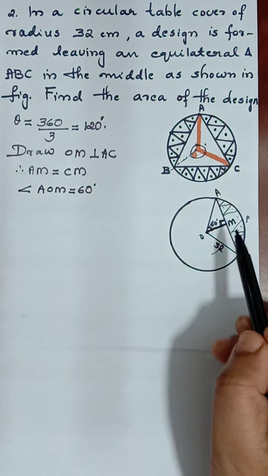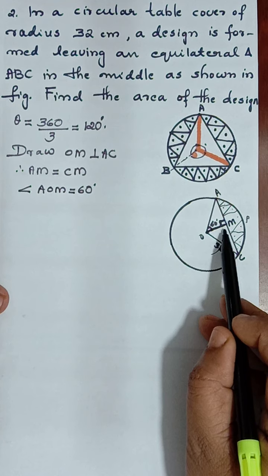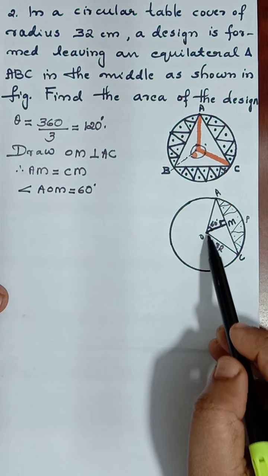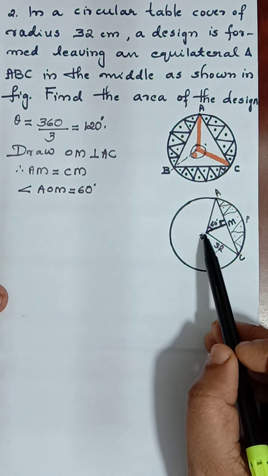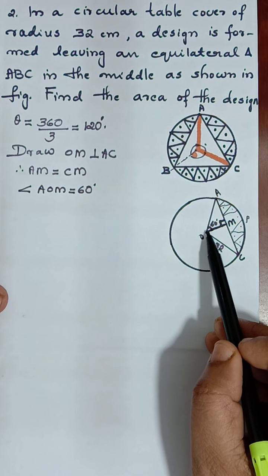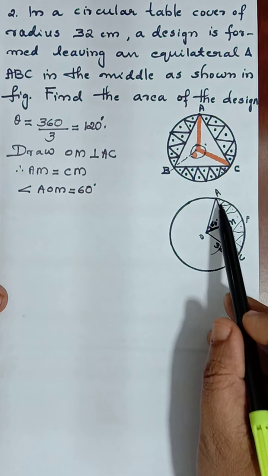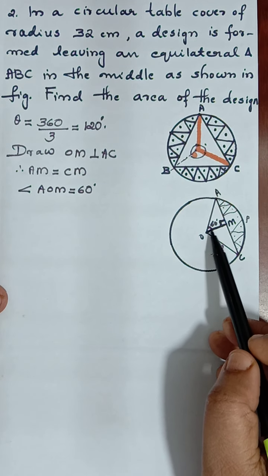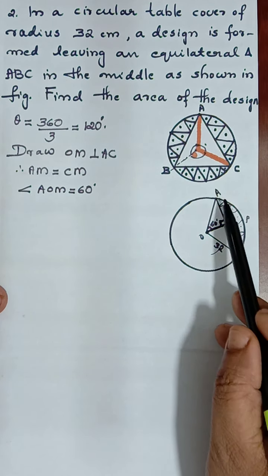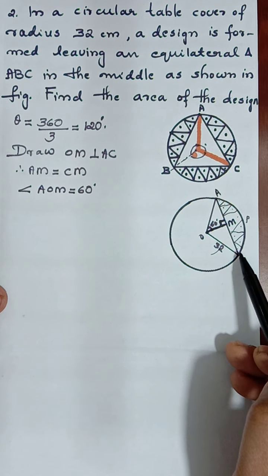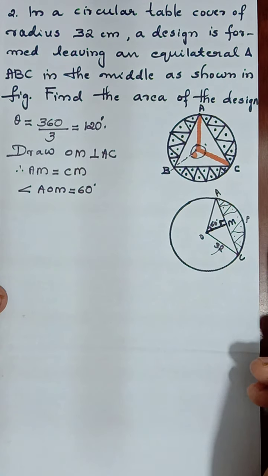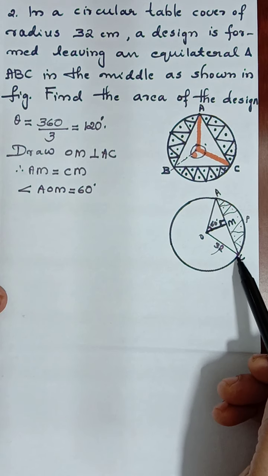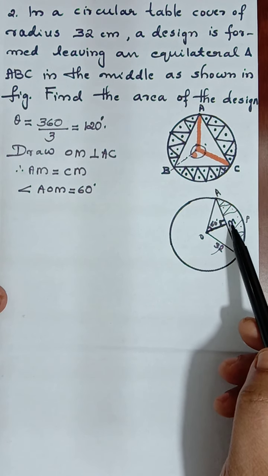So what is the purpose of drawing this OM perpendicular to AC? For this triangle AOC, we can have O as the vertex from which I am dropping a perpendicular to the base of the triangle. That means OM is the height and AC is the base. So area of the triangle will be half BH, half into base AC into height OM.